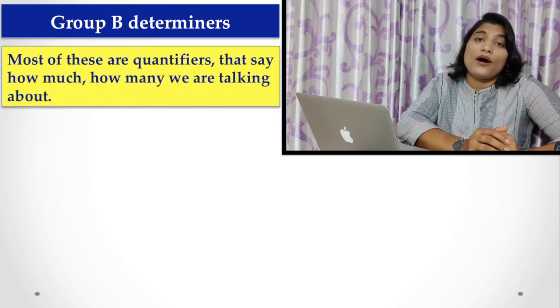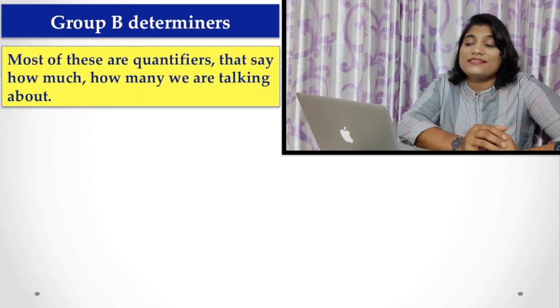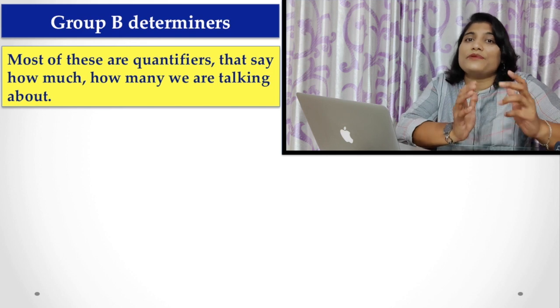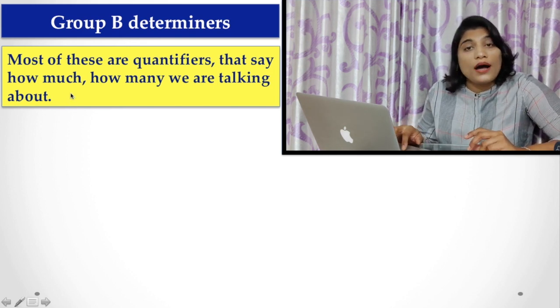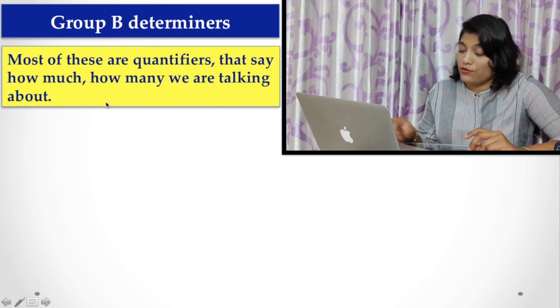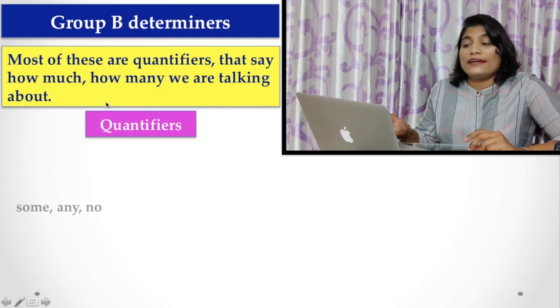Now, talking about the group B determiners, I have already told you that they are mainly the quantifiers that say how much or how many we are talking about. So, what are the quantifiers?